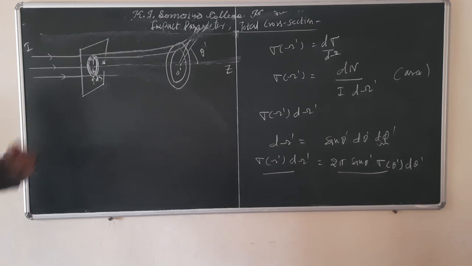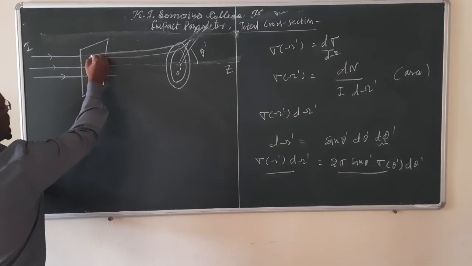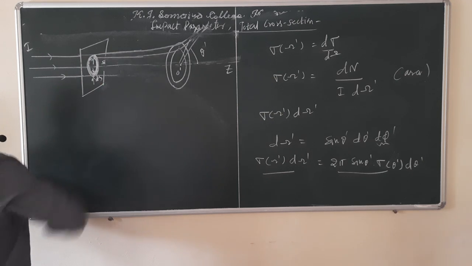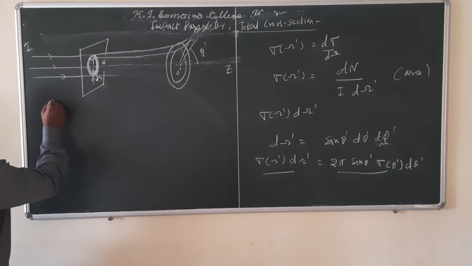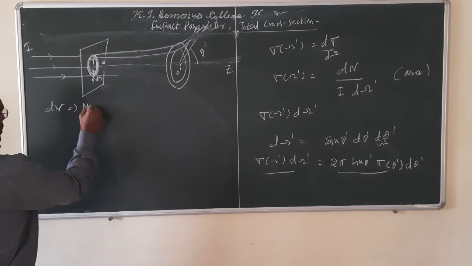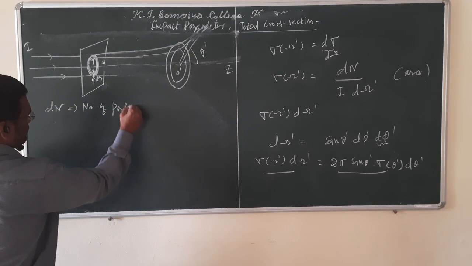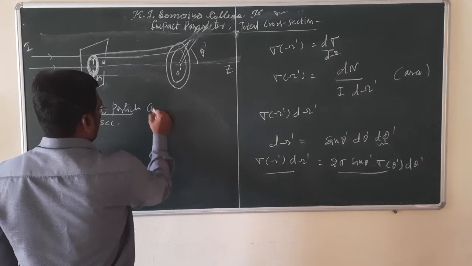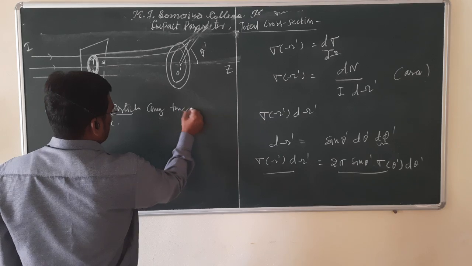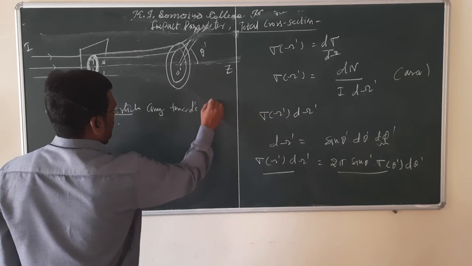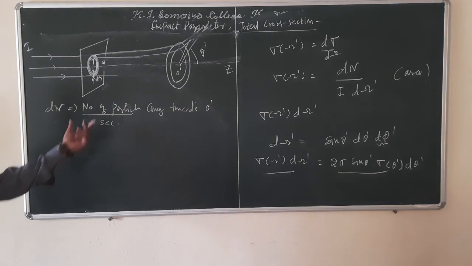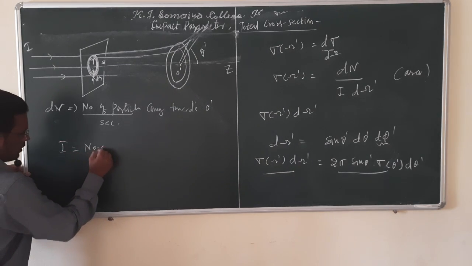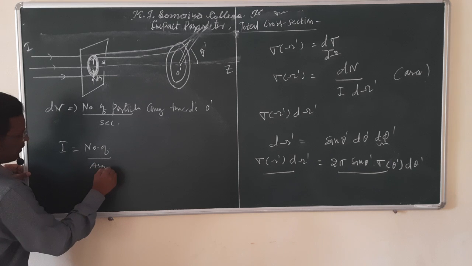Now, s is the impact parameter, the perpendicular distance from the force center to the direction of velocity of those particles. If you take particles coming from this circular annular disk, dn is the number of particles per unit time coming towards O. How can we find that number? We know that intensity is the number of particles per unit area per unit time.